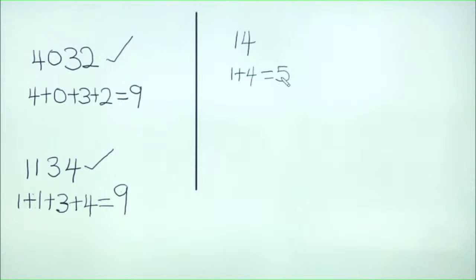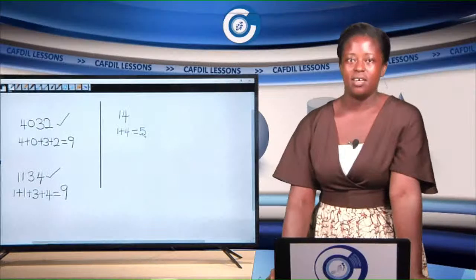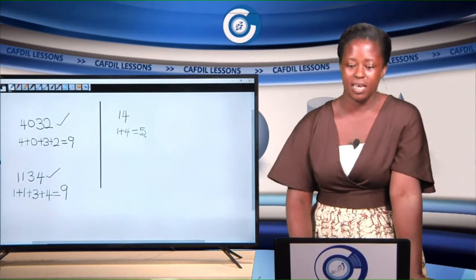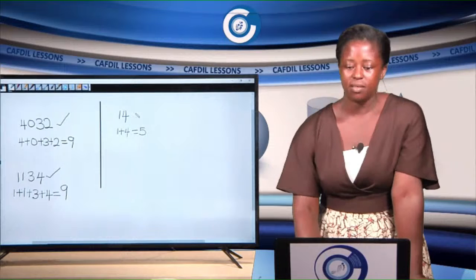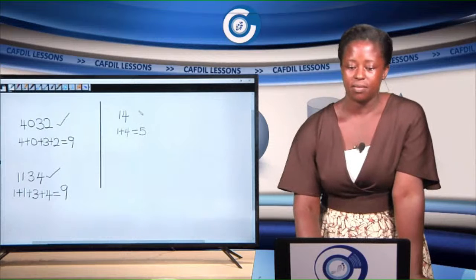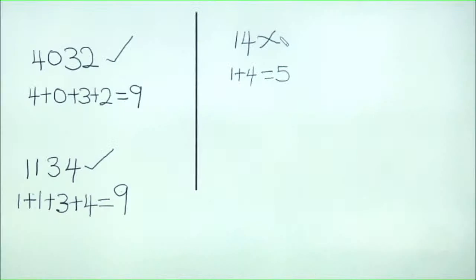Is 5 divisible by 9? No, 5 is not divisible by 9. So the number 14 is not divisible by 9. When we divide it by 9, there will be a remainder.